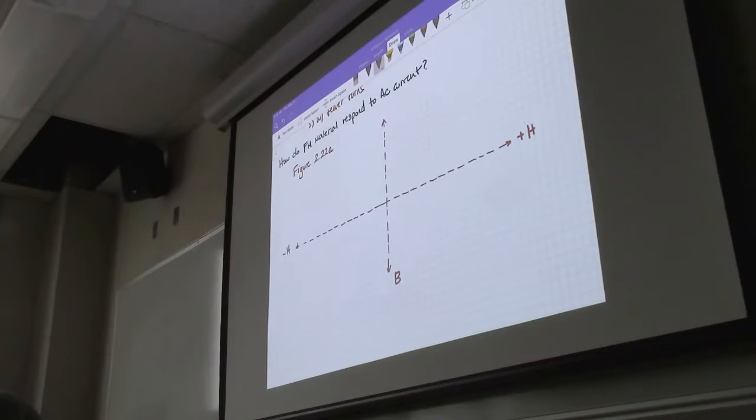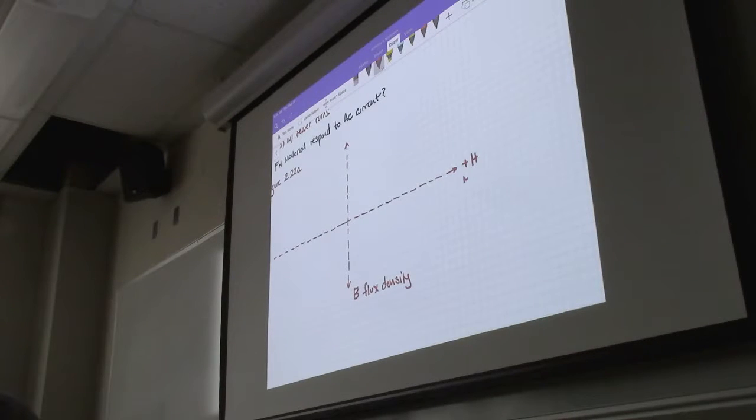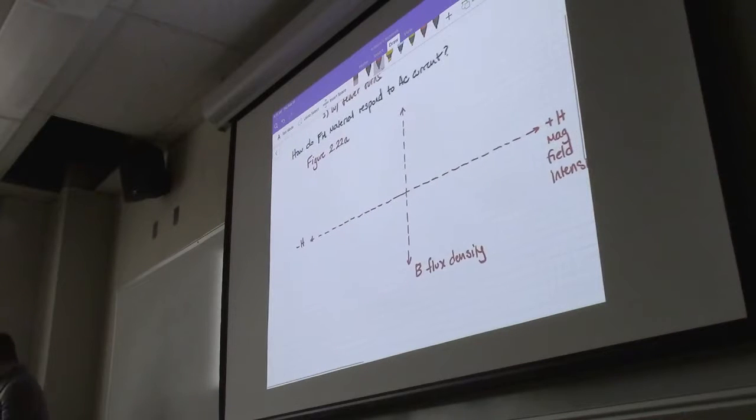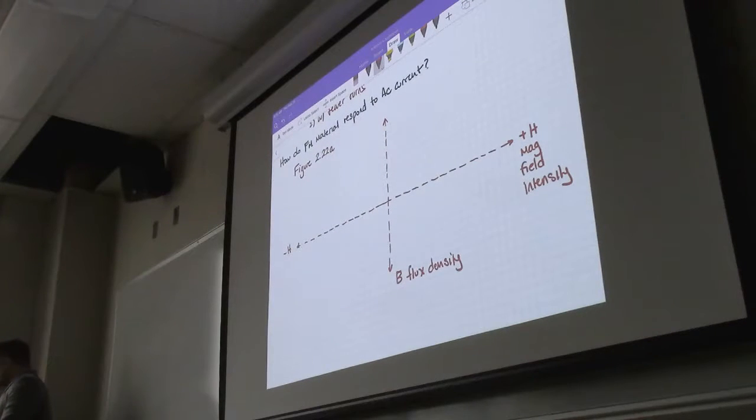And sorry, I didn't state that right. So this is flux density here. And H, as we've seen before, is the magnetic field intensity. Okay.